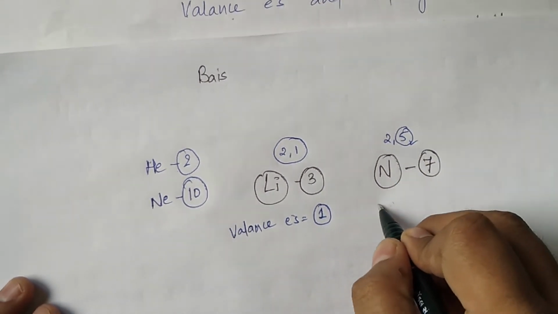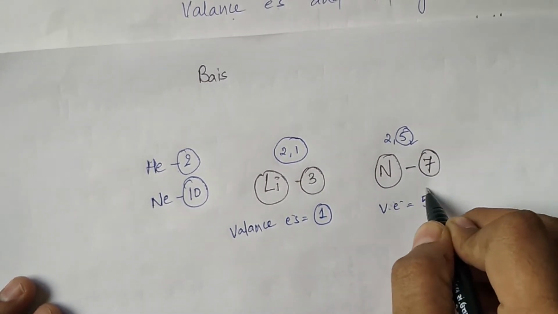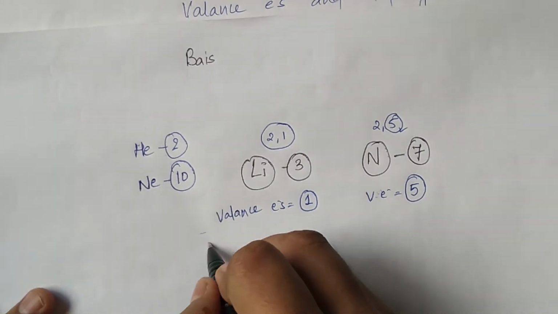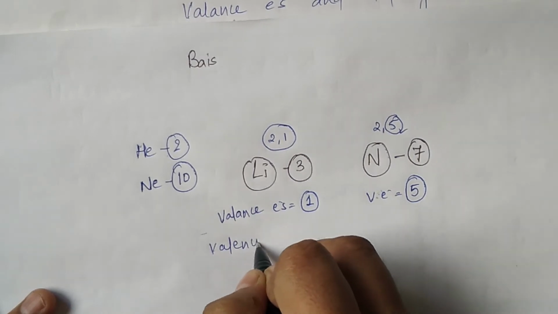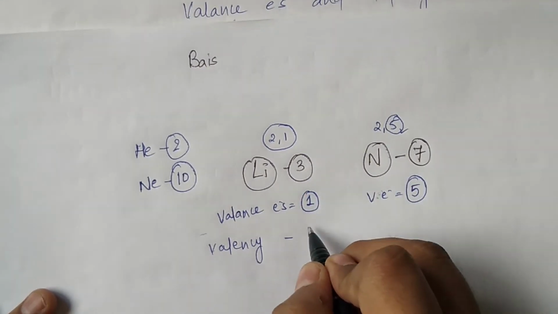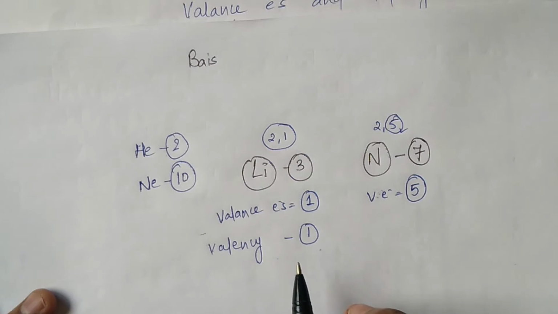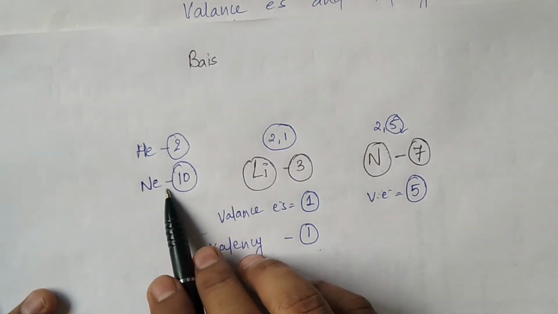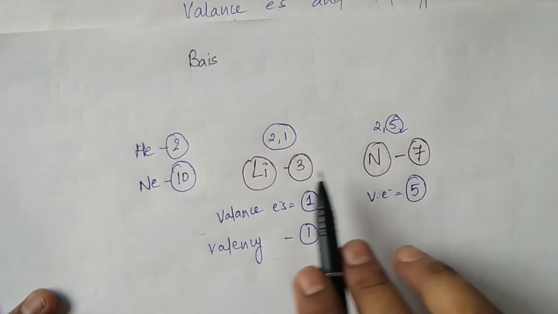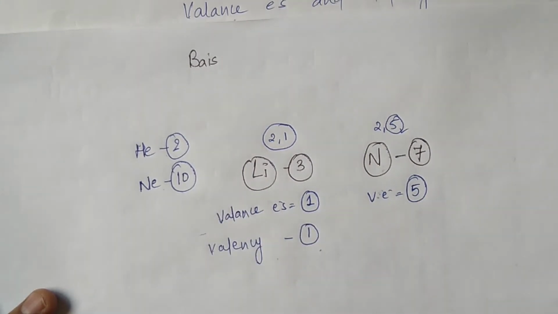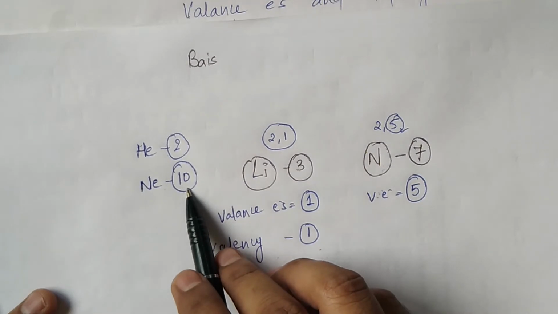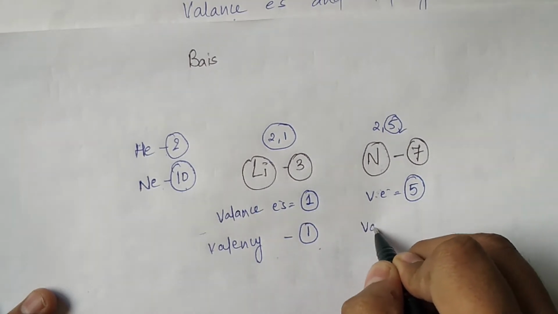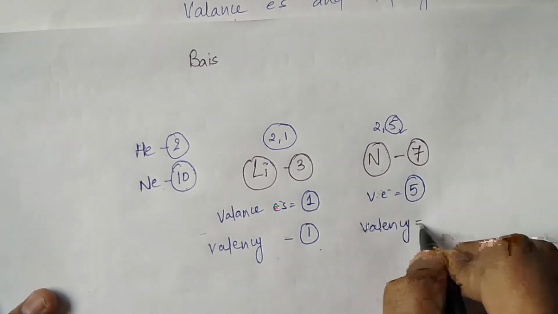Okay, but now when we compare valency, how many electrons is lithium donating? 1. So the combining capacity is 1. But nitrogen has the nearest noble gas as neon, 10. So it will not donate 3 electrons. Instead it will accept 3 electrons to acquire the electronic configuration of neon. So the valency of nitrogen will be equal to 3.